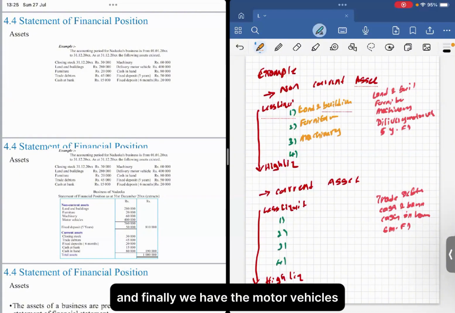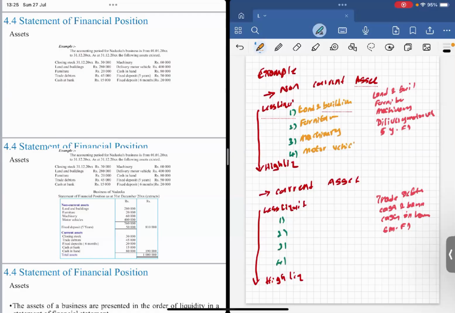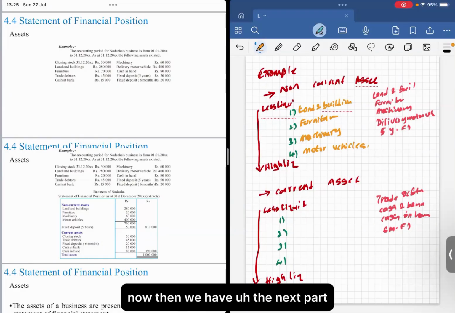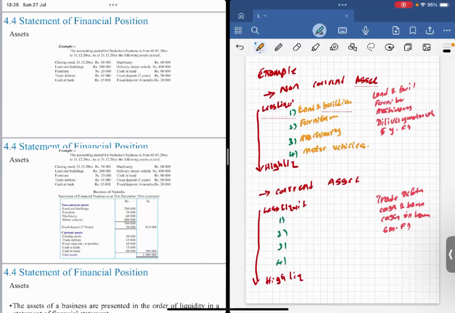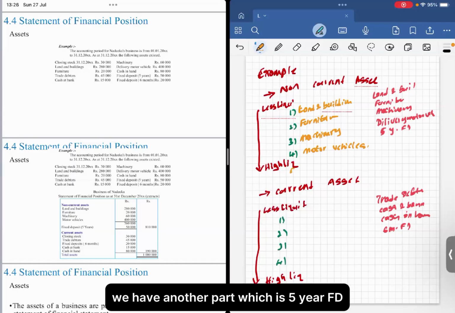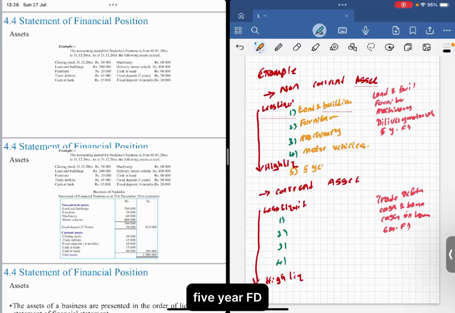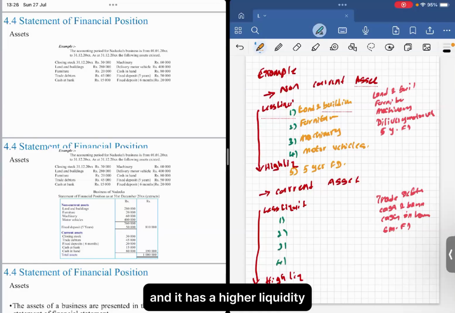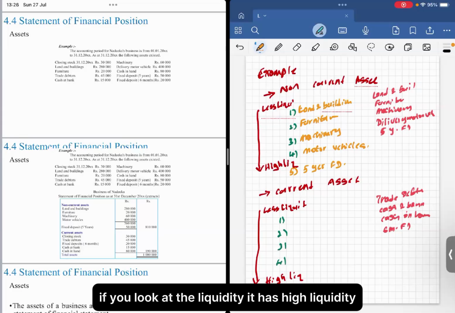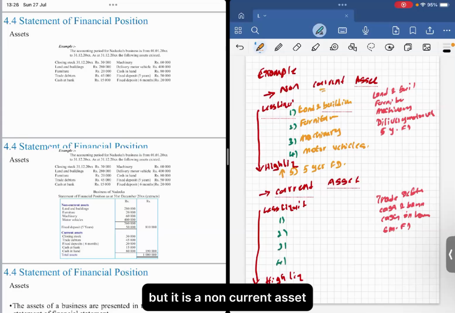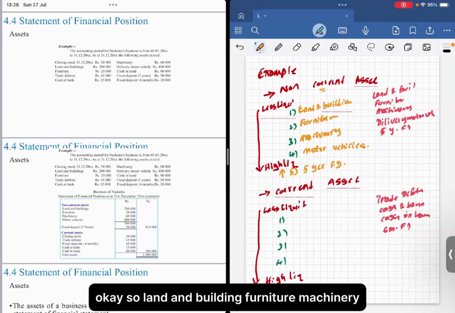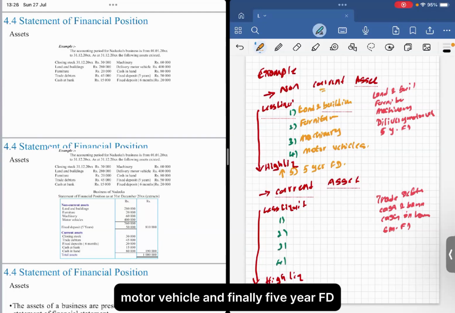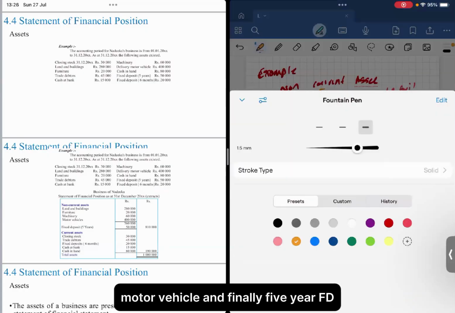And finally, we have the motor vehicles, which we can easily sell. Then we have 5 year FD, which we also consider a non-current asset, and it has high liquidity, but it is a non-current asset. So land and building, furniture, machinery, motor vehicle, and finally 5 year FD.